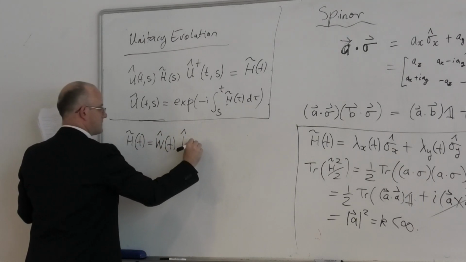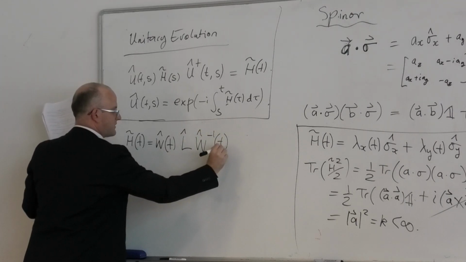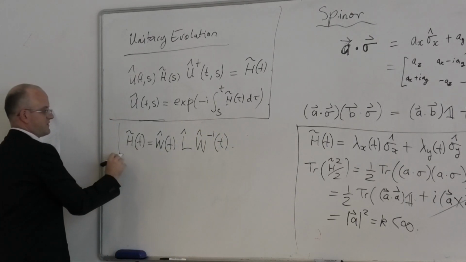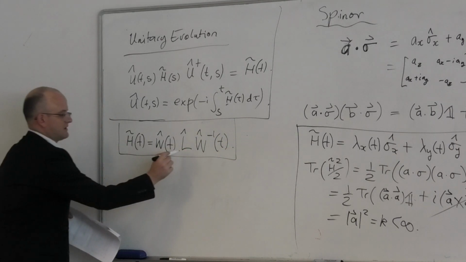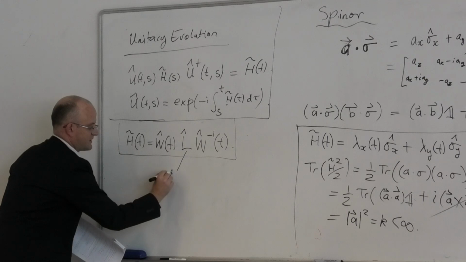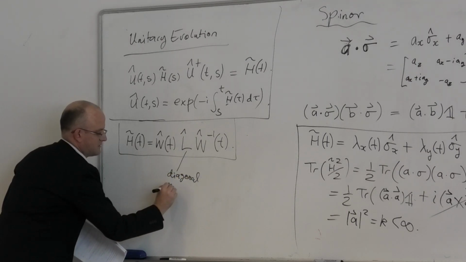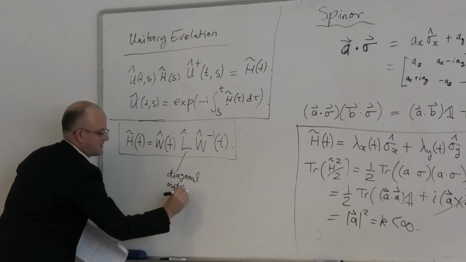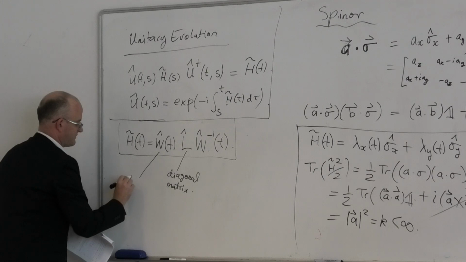I'm sure everybody will be familiar with this from first year linear algebra, or at least I did. In this, L is the diagonal matrix, and these things are the matrix of eigenvectors.